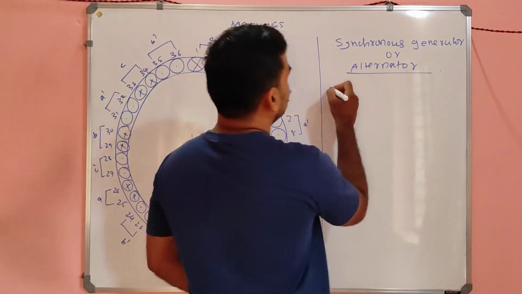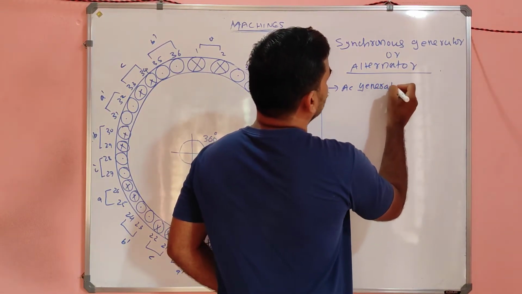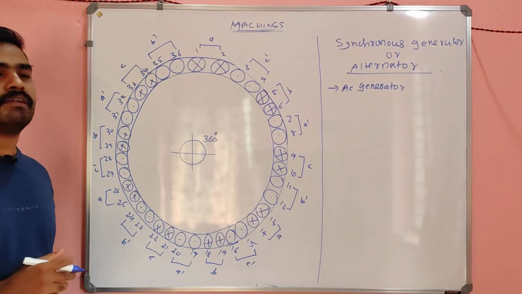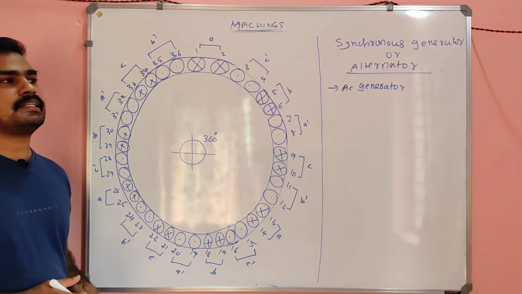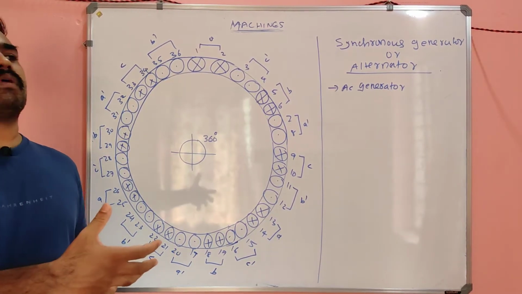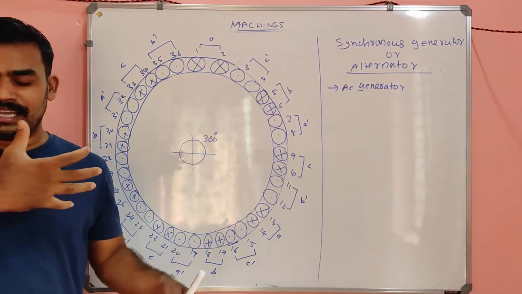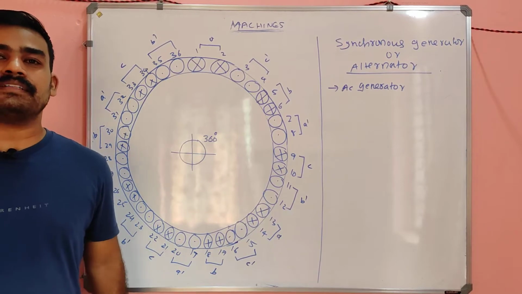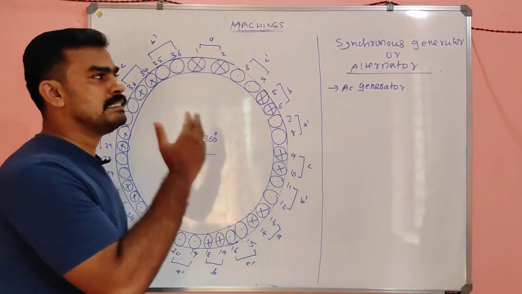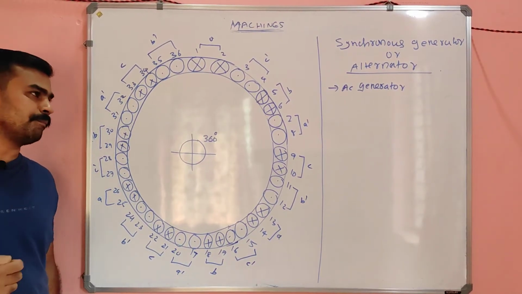Alternators are also called AC generators. An alternating current or alternating voltage generator is called the alternator, or this is nothing but the three-phase generator. In a DC generator we get DC from the machine as the output, but in the case of an alternator or synchronous generator, we get three-phase AC as the output.